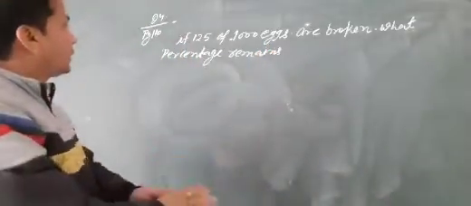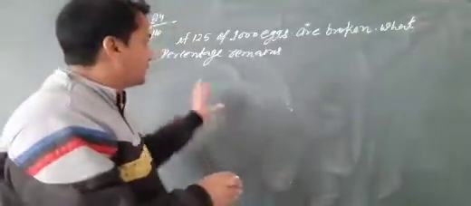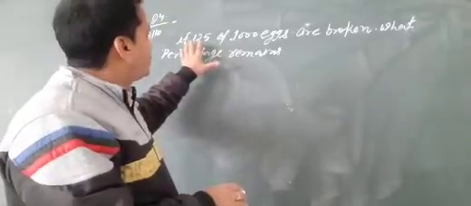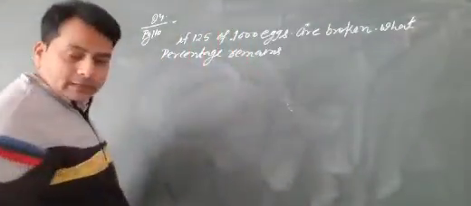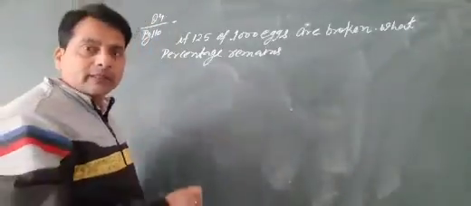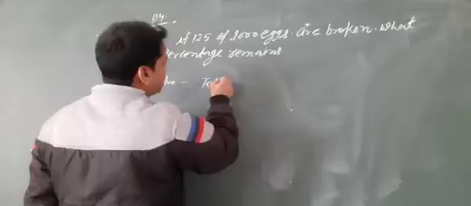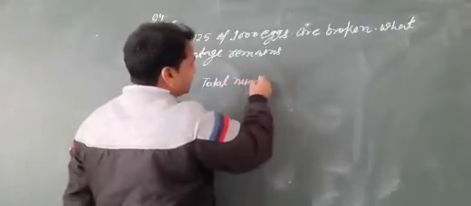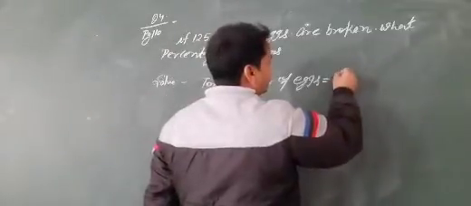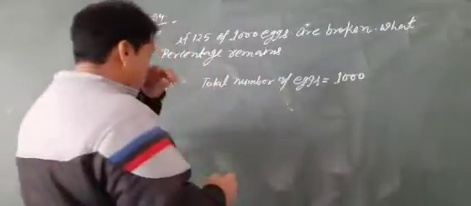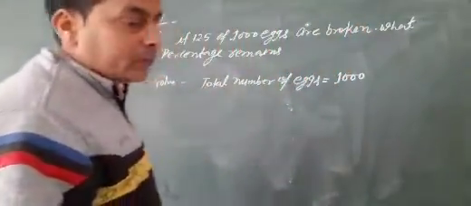According to this question, if 125 of 1000 eggs are broken, it is clear that the total number of eggs is 1000 and 125 of the 1000 eggs are broken.